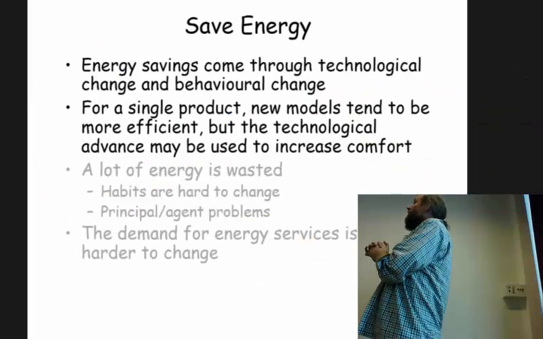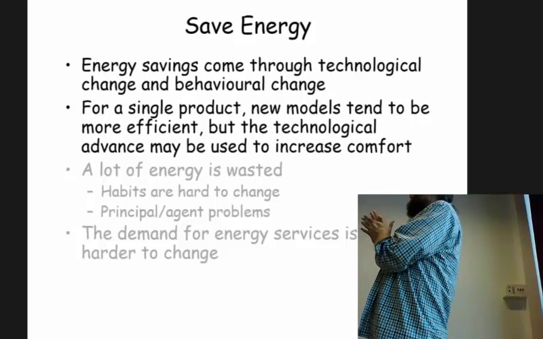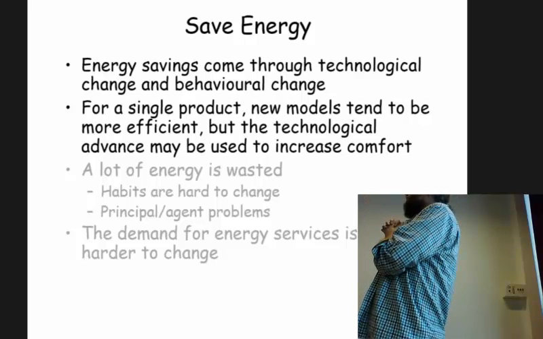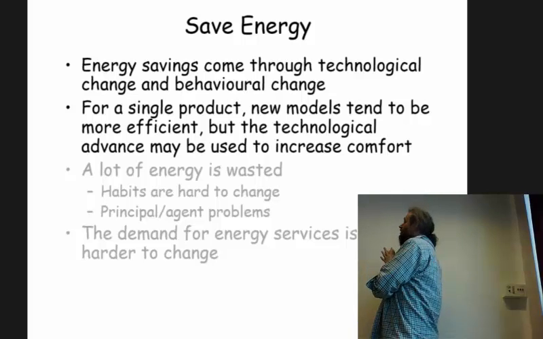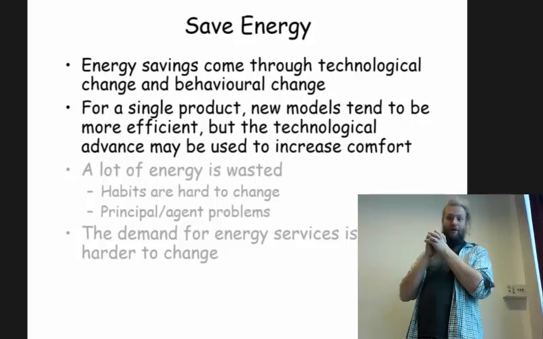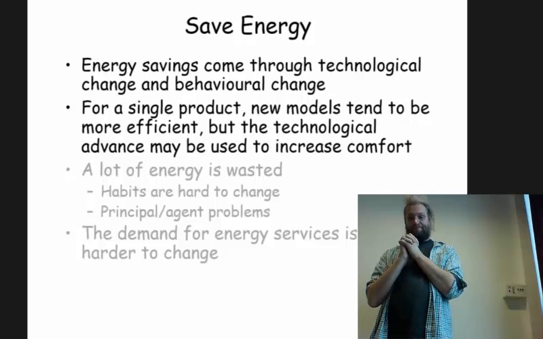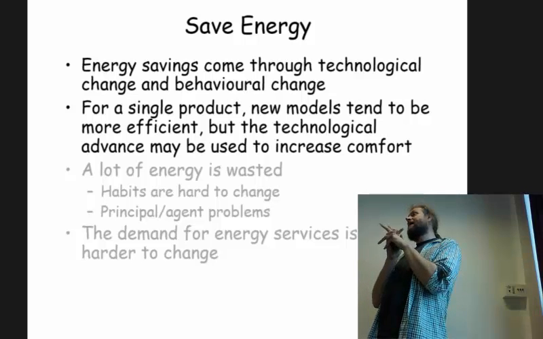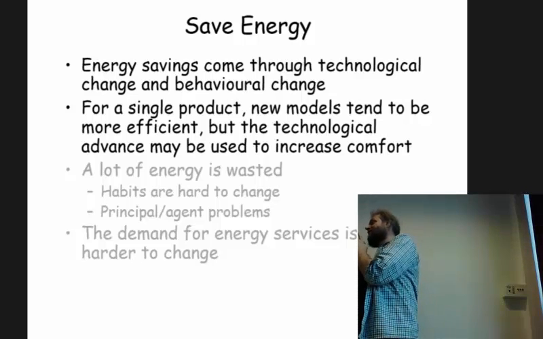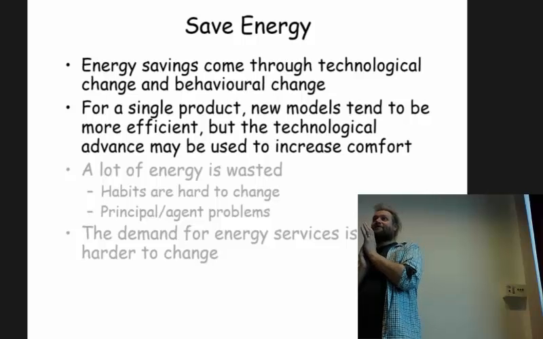So if we compare single products over time, then what we find is that new models tend to be more energy efficient. But it's not necessarily the case that this energy efficiency is used to save energy.